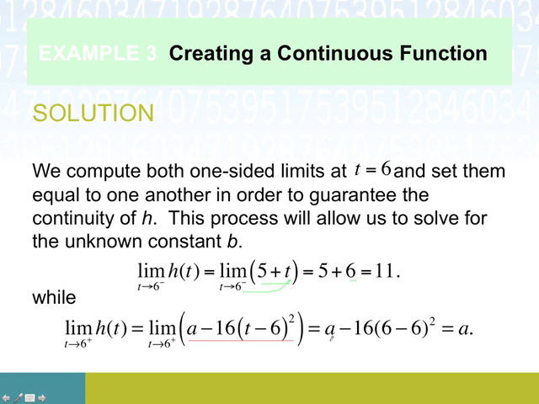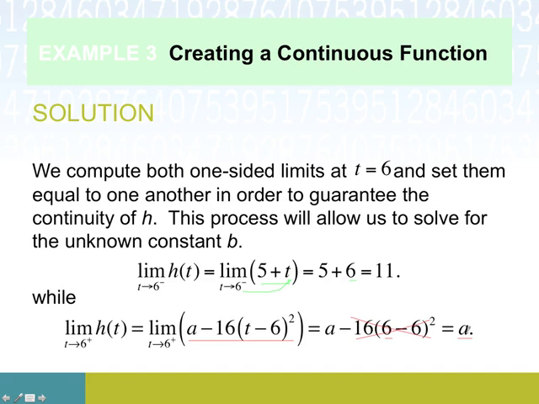And again, making use of our nice theorem that says if you want to know the limit of some polynomial, or even a rational function, and it's not undefined at 6, you might as well just dump in 6. So if we plug in 6, all of this becomes 0. So in fact, all of this is out of the mix except for a. And that's all we're left with.